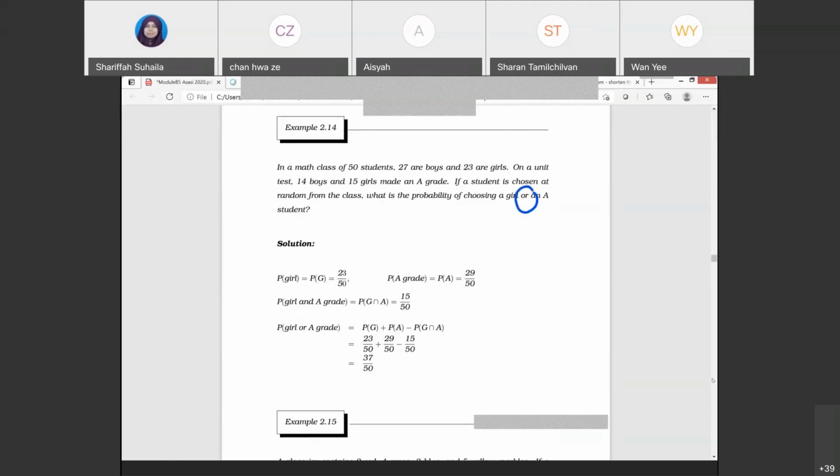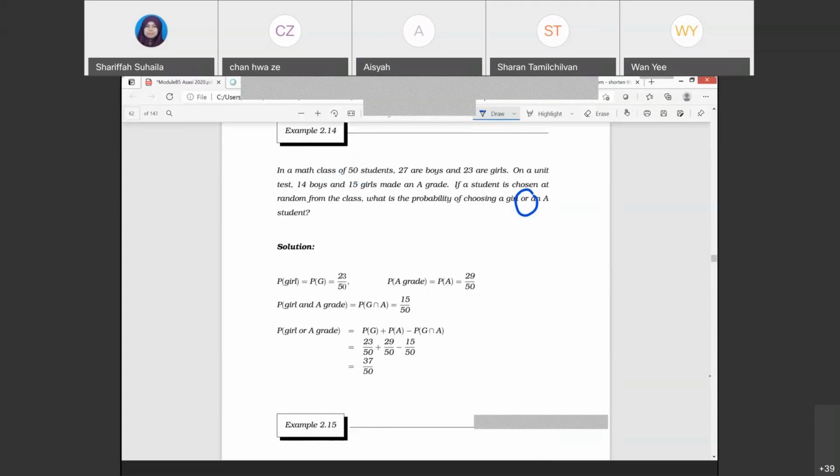First you need to compute the probabilities. For girl, you have 23 out of the total sample space of 50. For A grade, we have 14 boys plus 15 girls, which is 29. For girls who got an A grade, it is just 15.